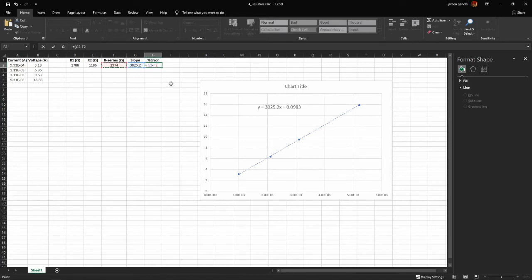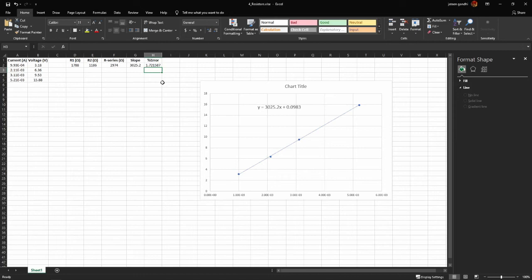Close the parentheses, then divide by what the theory is telling me, so 2974. So divided by this and multiplied by 100. If I do that, I get the percent error. So about 1.7% is the difference between my expected and my measured value, or the value from the plot, or from the experiment.